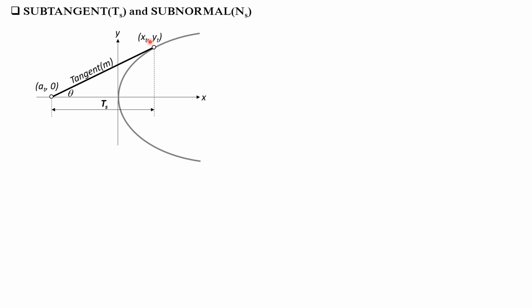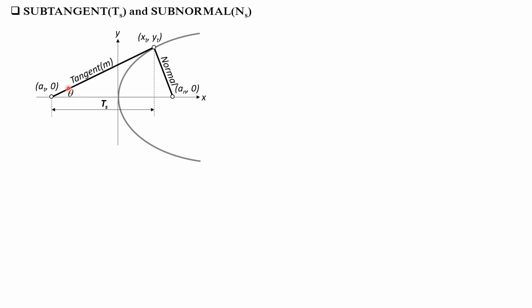While the normal, which is the line perpendicular to the tangent line through the point of tangency, will also intersect the x-axis. That's the normal. And the point where the normal line intersects the x-axis is denoted by a sub n, and of course y is 0. The horizontal projection of this normal line is the subnormal, denoted by capital N sub S. So we have similar triangles here.